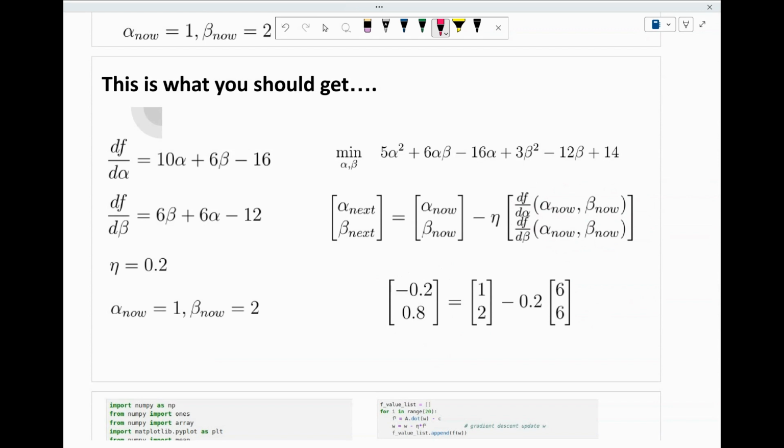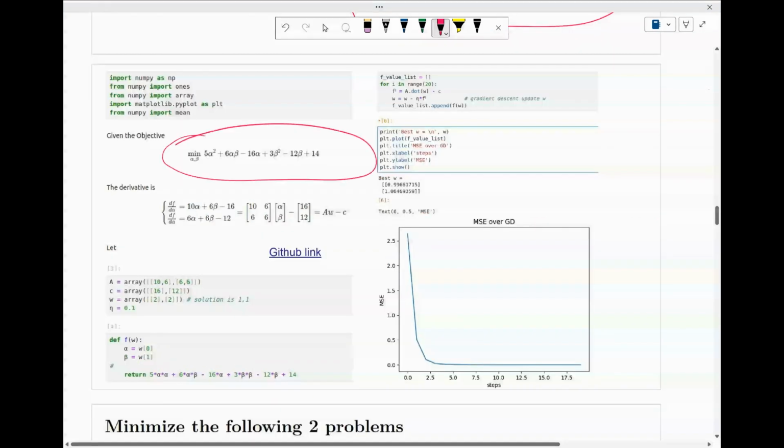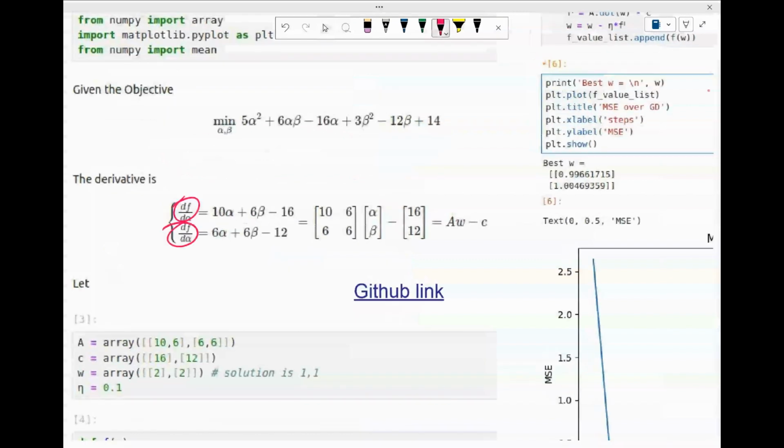Make sure you understand this whole mechanism. Now, I wrote the code that shows you how this works. So over here, this is the function we're trying to minimize. And this is the derivative with respect to alpha and beta. Notice how we can write this into a matrix vector format. Over here, we can pull out alpha and beta, which looks like this. So if you have alpha and beta multiplied by this, it would just equal this.